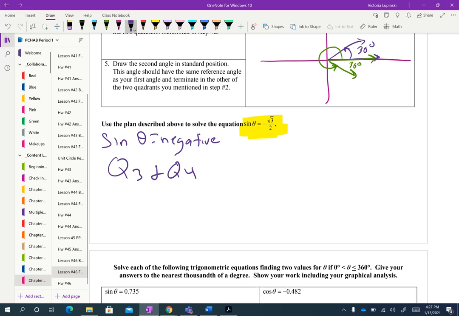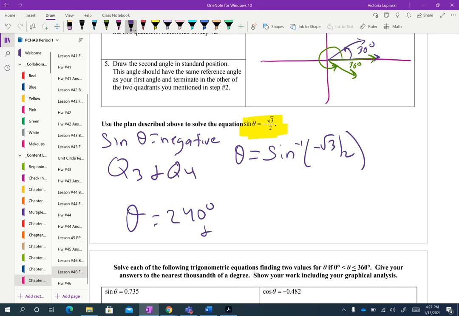In order to get the theta by itself, you're going to take the inverse sine of both sides, which means theta is going to be equal to the inverse sine of negative radical 3 over 2, which essentially means look at your unit circle, look at your third and fourth quadrant, look for the y values, and look for the angles that have y values of negative radical 3 over 2. That would be 240 and 300. Again, one in quadrant 3 and one in quadrant 4.